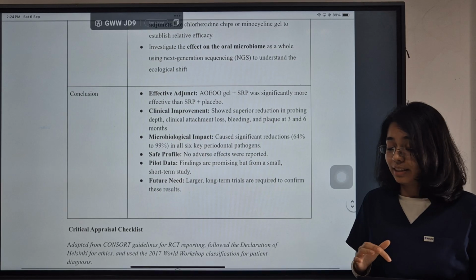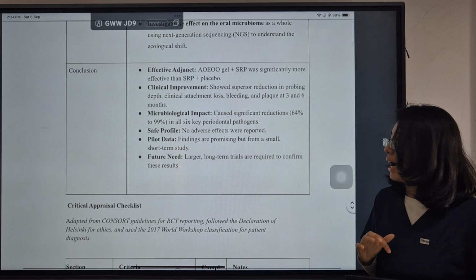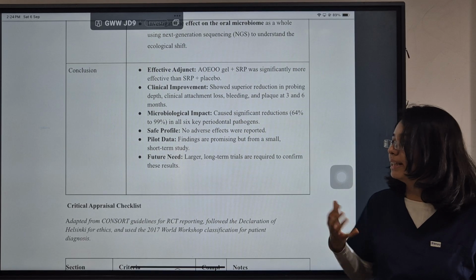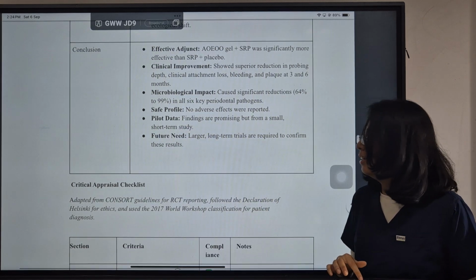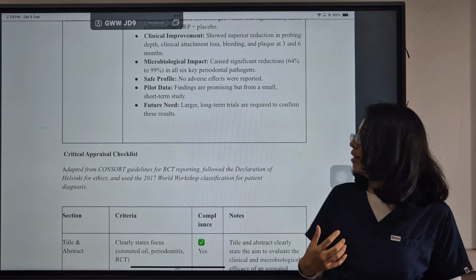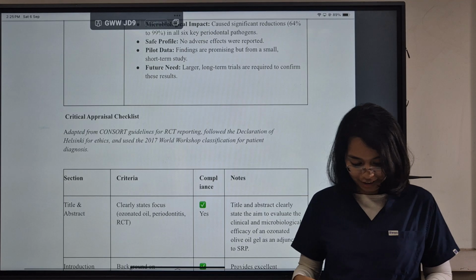It also had a microbiological impact. The findings of this pilot data are promising, but it is a small short-term study, so larger trials are required to confirm these results.